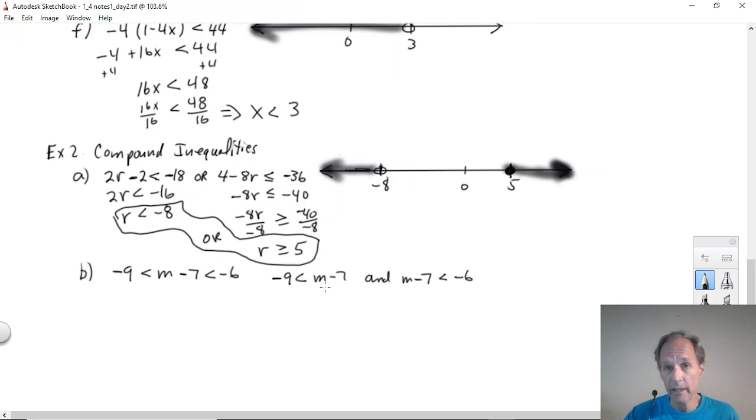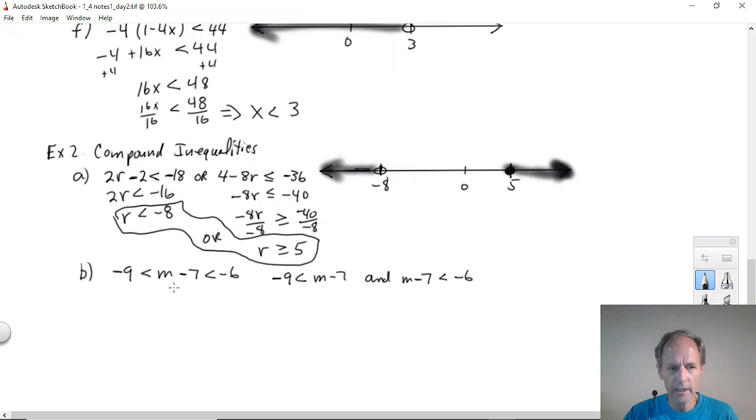And so the other example we did, we used it like I have here, writing it as an and. And so you can look back at that one in the other notes or the other video. But a lot of times when you do write them this way, it's easier to just use that, and then we can get the m by itself, and this will work out nicely.